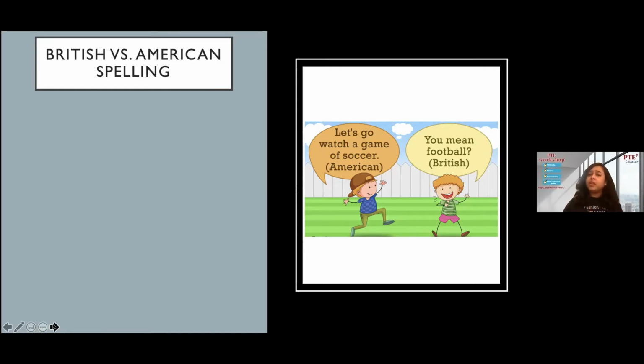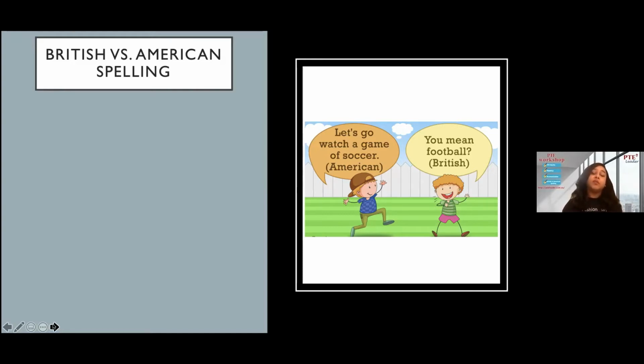When we write words in English, there are two types of conventions we can follow. One is the British spelling convention, and the other is the American spelling convention. Both the United Kingdom and America use the English language, but even then there are certain words that we write in a special way depending on which country we are from.